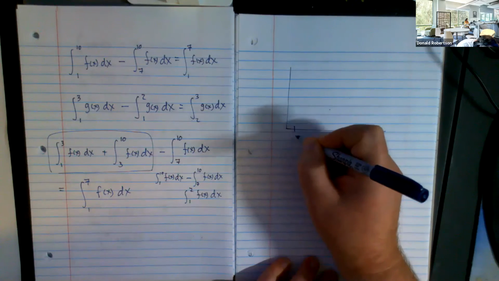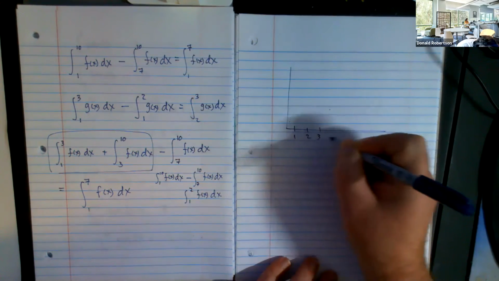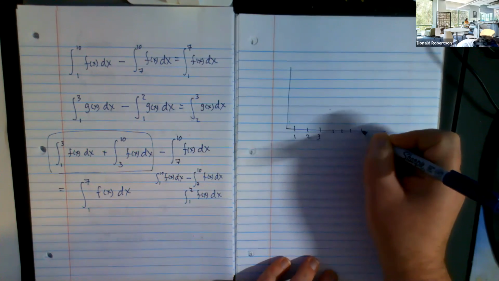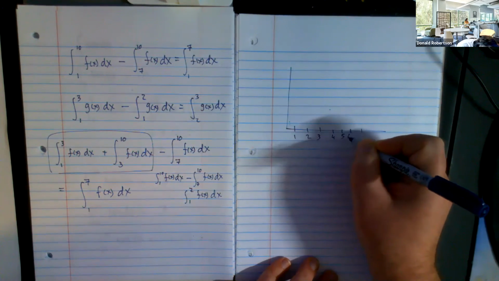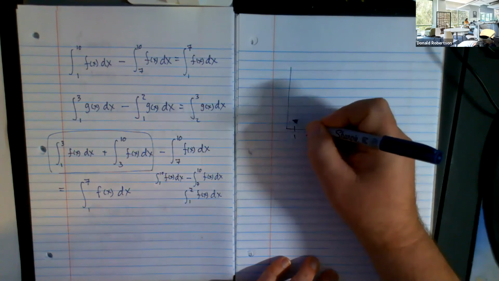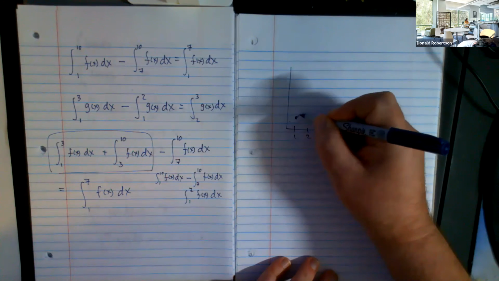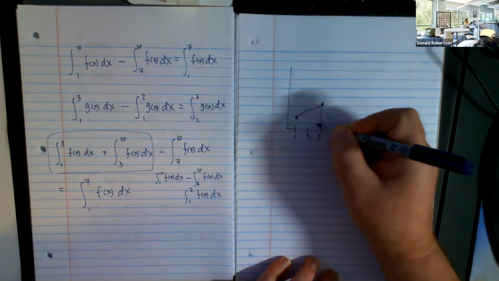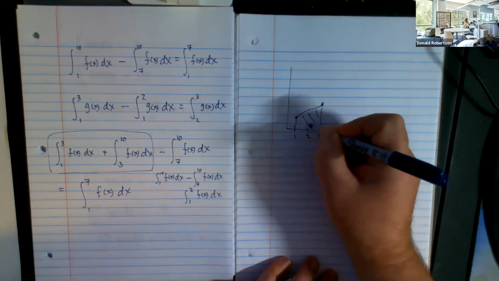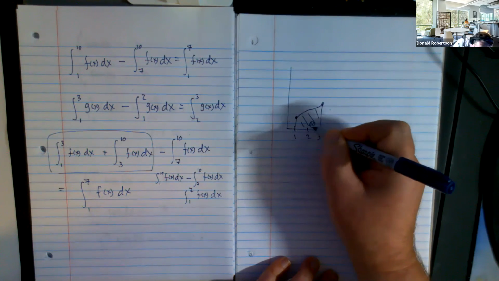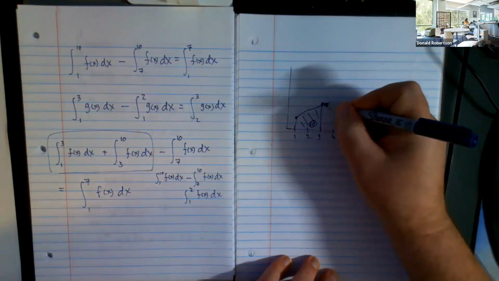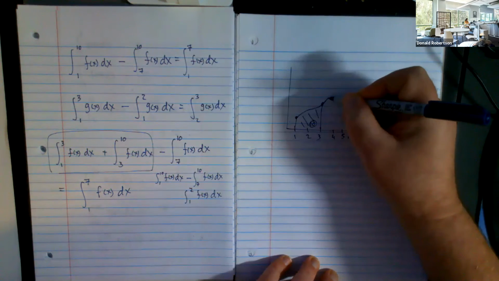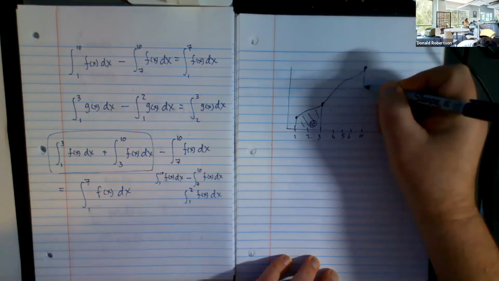Suppose I had 1, 2, 3. And I told you that the integral from 1 to 3, that this piece in here was 10 units, right? That's what its area was. And then I told you from 3 to 7, which was this bit here, right?